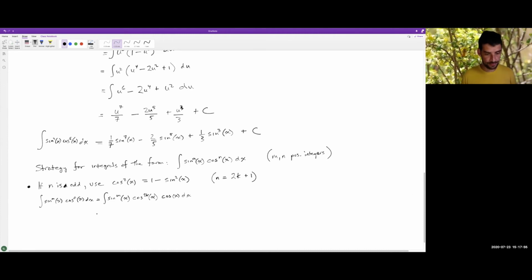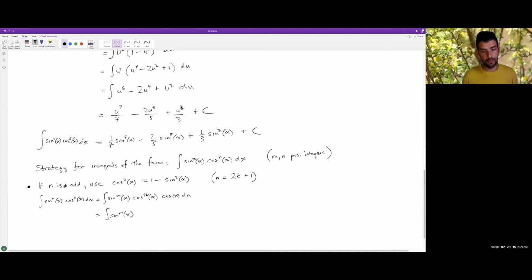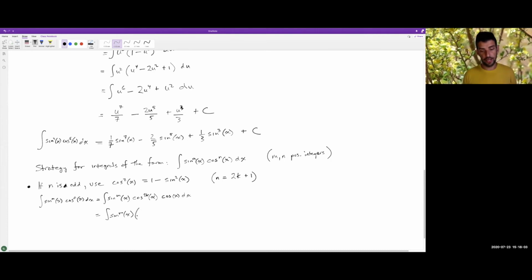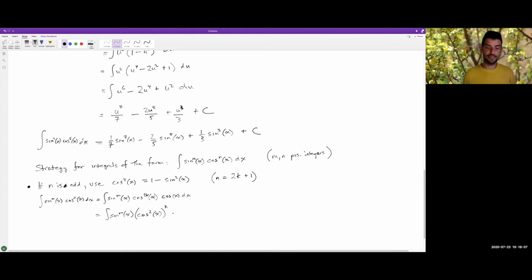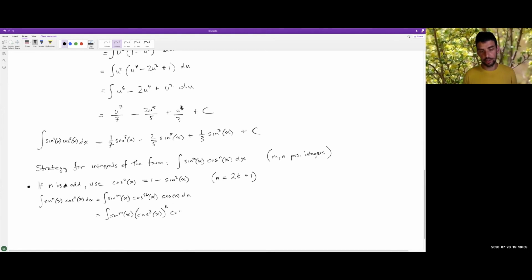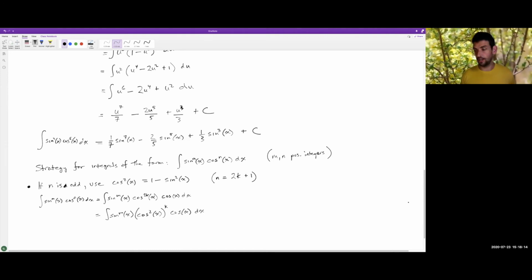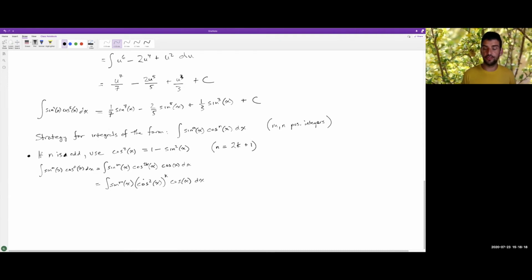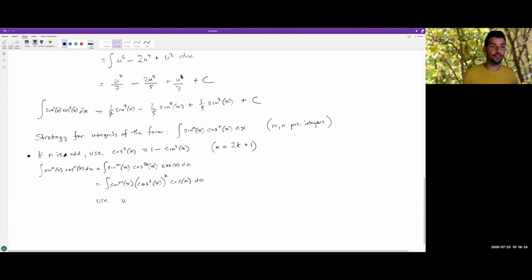And then we rewrite this cosine to the 2k power as cosine squared x to the kth power, cosine of x dx. Again, all I'm using here is what an odd number is, and then rules of exponents, and then we can use the u substitution. Sorry, I skipped one step.